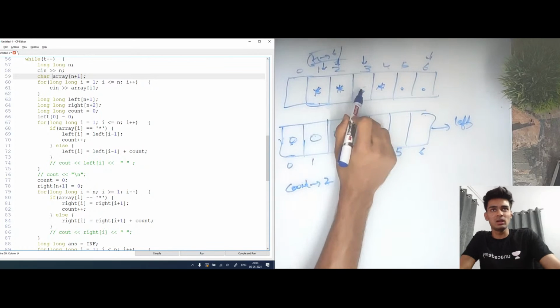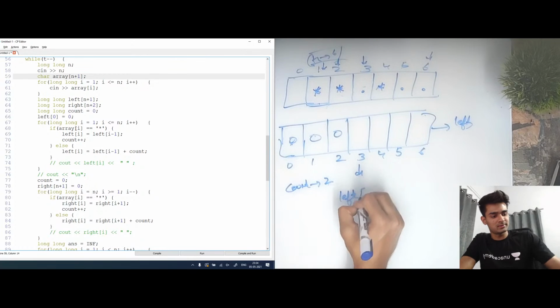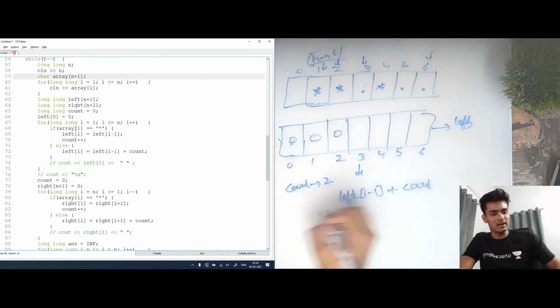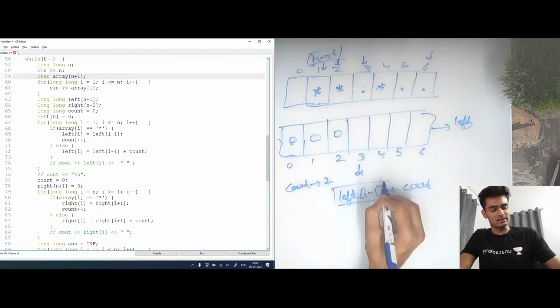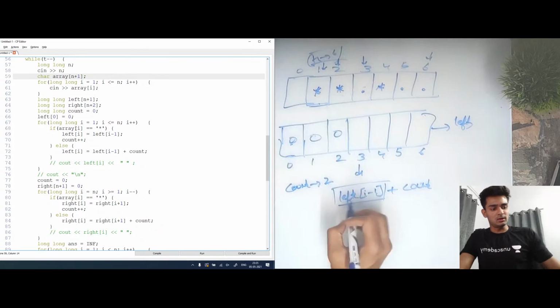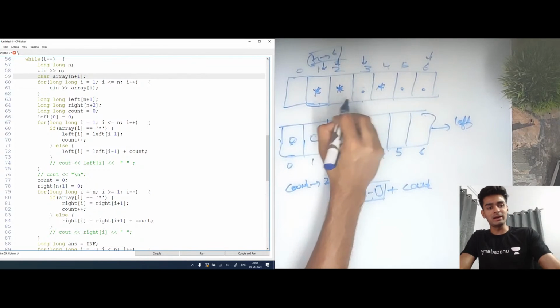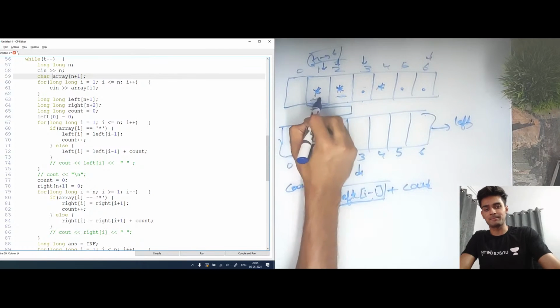Since this is not equal to star, I do left of I minus 1 plus count. Let me tell why I'm doing this. Left of I minus 1 tells me the cost if I had to place all my sheep one index before this. As you can see, we have 2 sheep here.